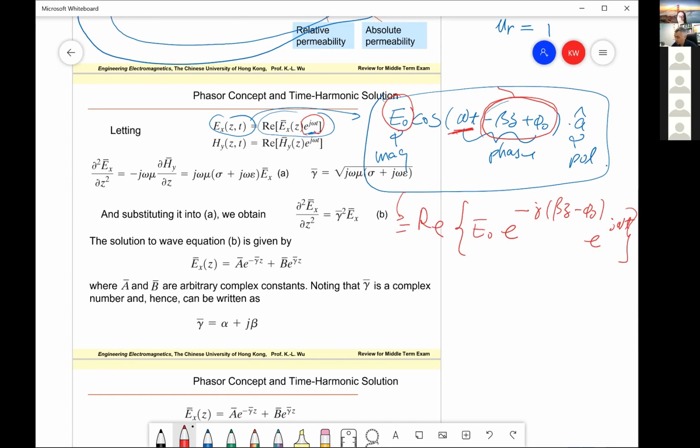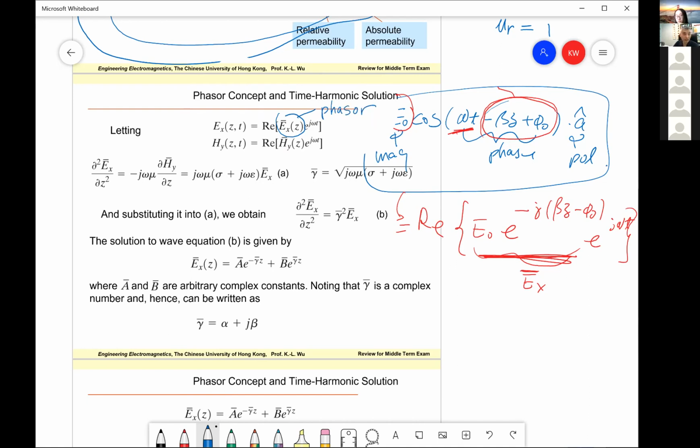Then we define everything here. Everything here we call Ex. We put a hat if you wish to make a difference from this. This term we officially call a phasor.